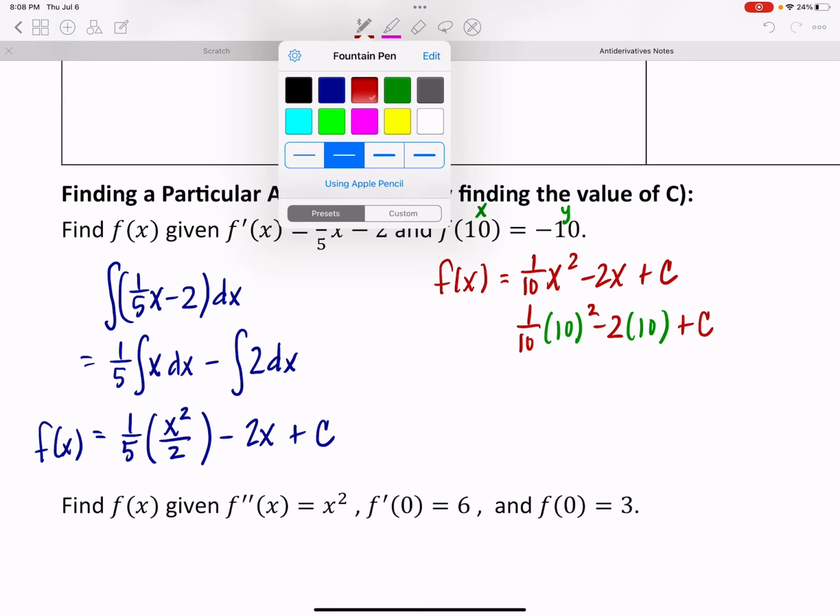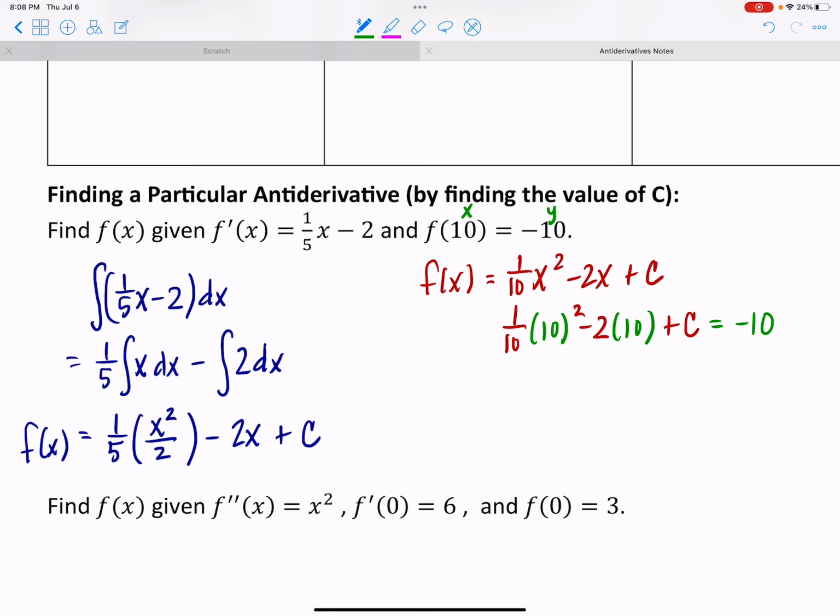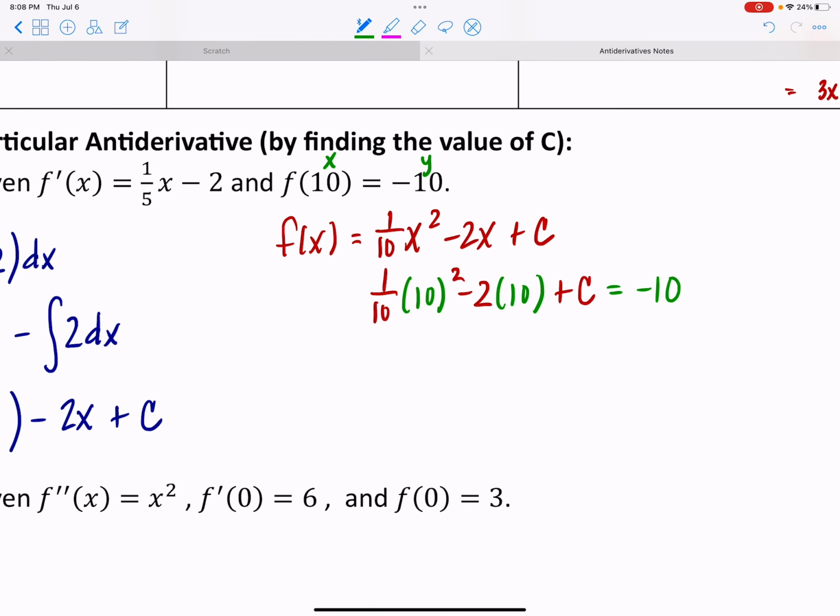The result of that, according to that piece of information here, that coordinate, all of that should end up being -10. So now I have an equation that I can solve to actually find the value for c. So 10 squared is 100, and a tenth of that's going to be 10. So this is a 10 here. -2 times 10 makes a -20.